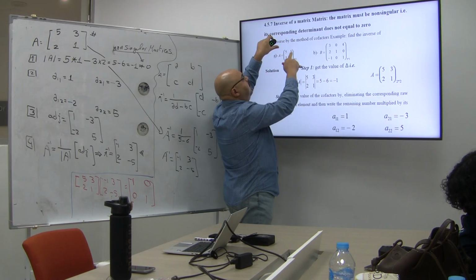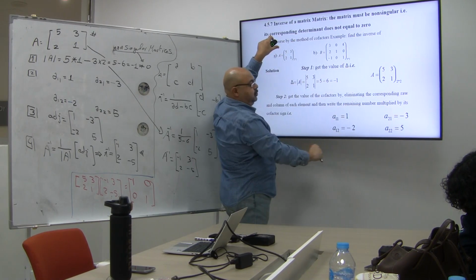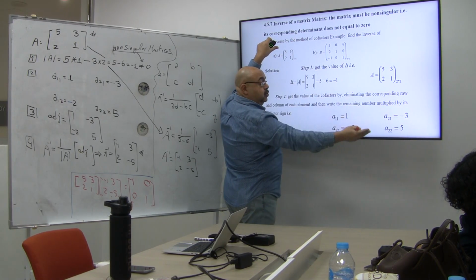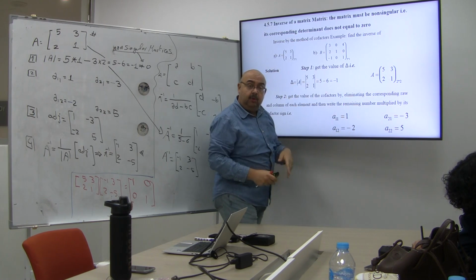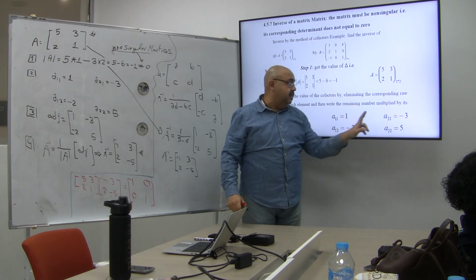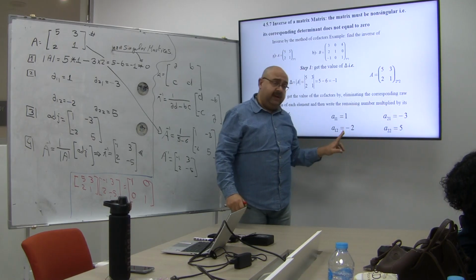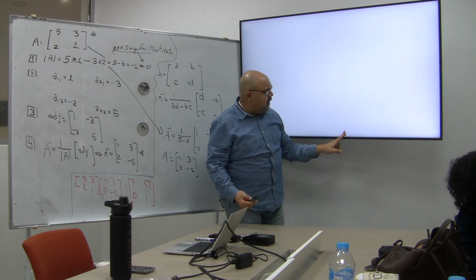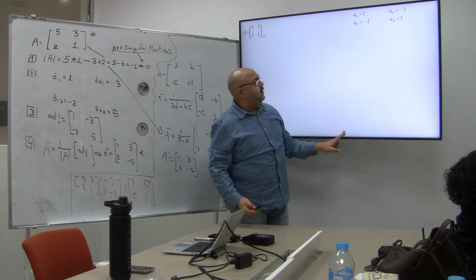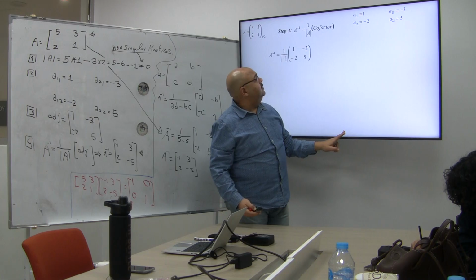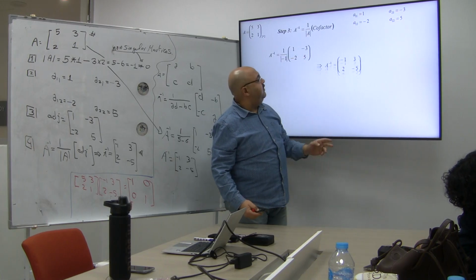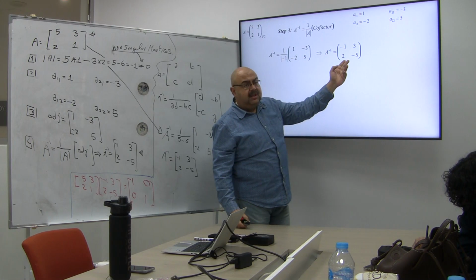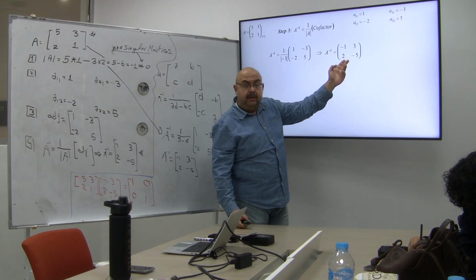I will eliminate the row and column. The remaining number is 2. And so on for the rest of the numbers. I will put the sign rule, which is positive, negative, positive. I will write these values together and divide them by the value of the determinant. That's the inverse that we are targeting.